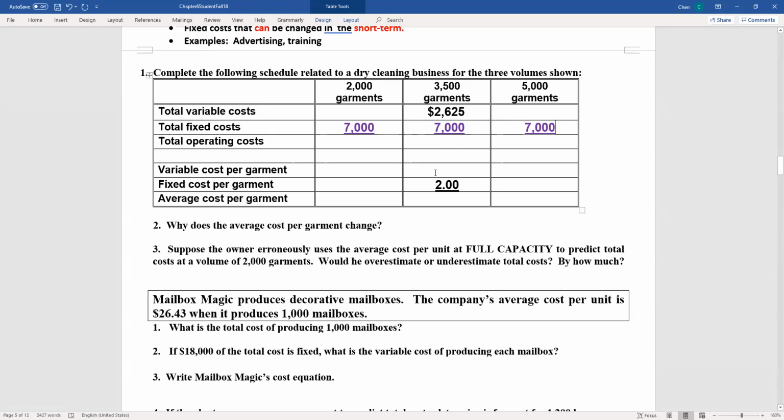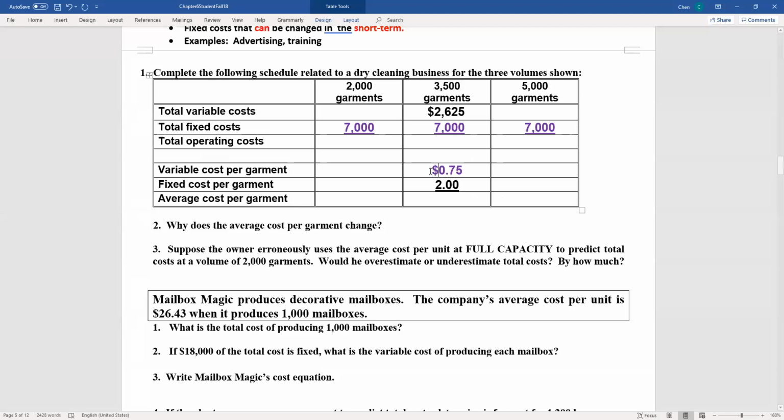All right. So next, we're going to do this one, variable cost per unit. How to do variable cost per unit? Because we have the total variable cost and the total number of garments that we do, we simply use 2,625 divided by 3,500, and then we get $0.75 variable cost.